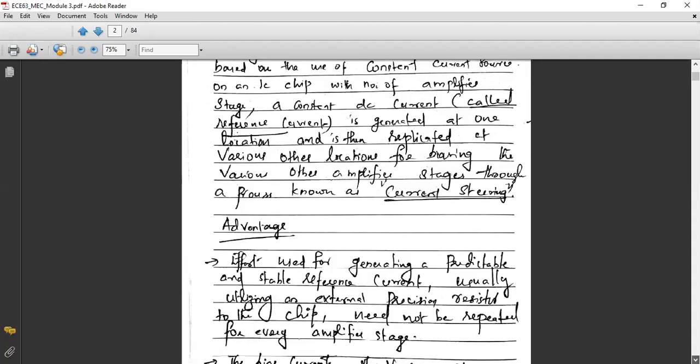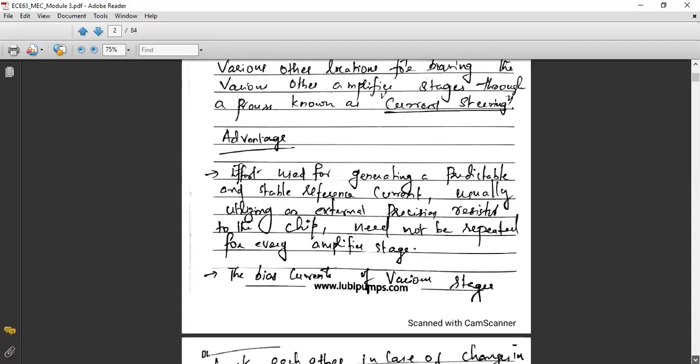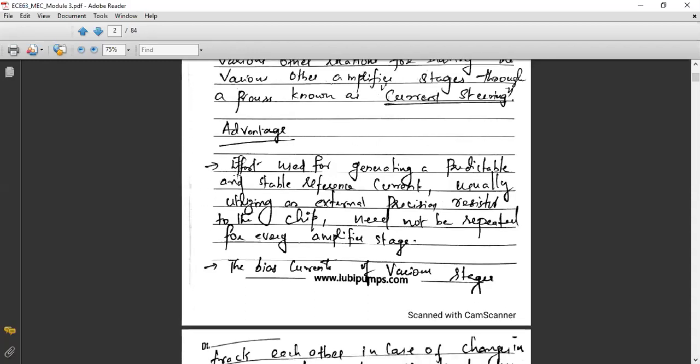Now, going to the advantages of these circuits. The main advantage is, you can read this point. The effort used for generating a predictable and stable reference current, usually utilizing an external precision resistor to the chip, need not be repeated for every amplifier stage. For example, inside an IC you have different amplifier stages.